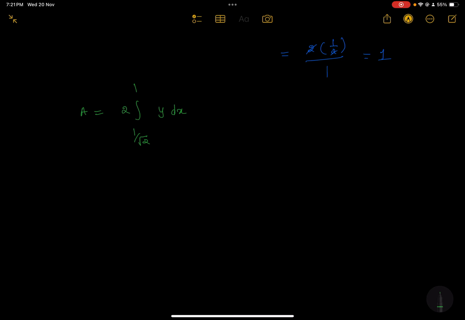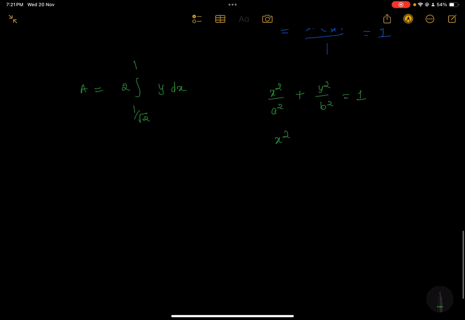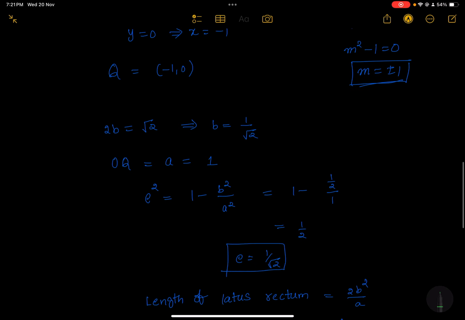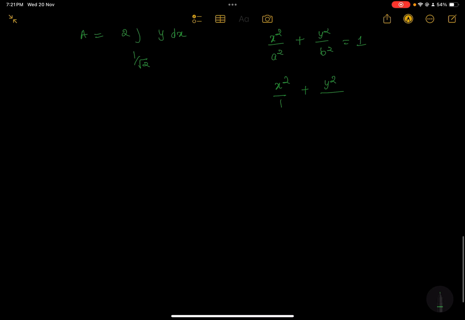What is y? x square by a square plus y square by b square is equal to 1. This is the equation of the ellipse. a is 1, so x square by 1 plus y square by b square. What is the value of b? b is 1 by root 2, so b square is 1 by 2. So x square plus 2y square is equal to 1.